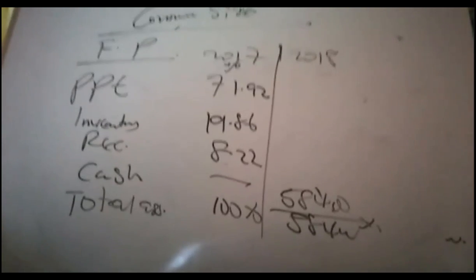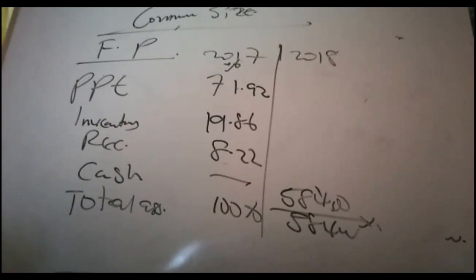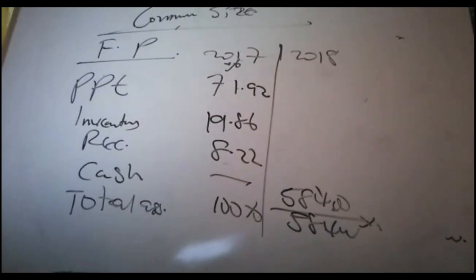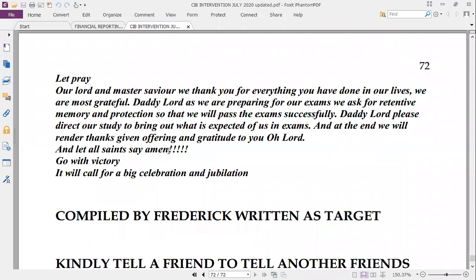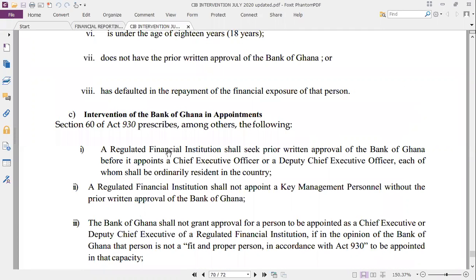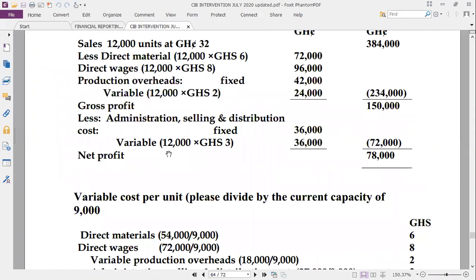That is it. So this is the common size calculation. Now that we've seen the structure, or the game, we can still go and audit the solution.